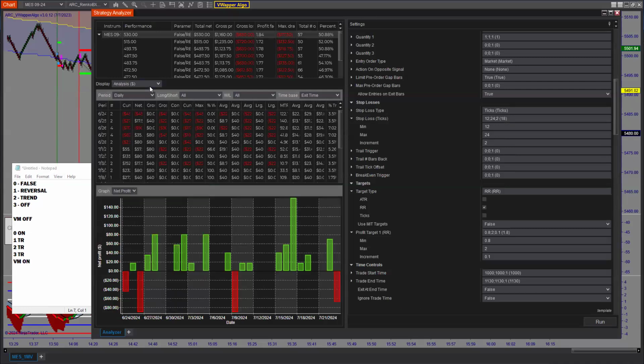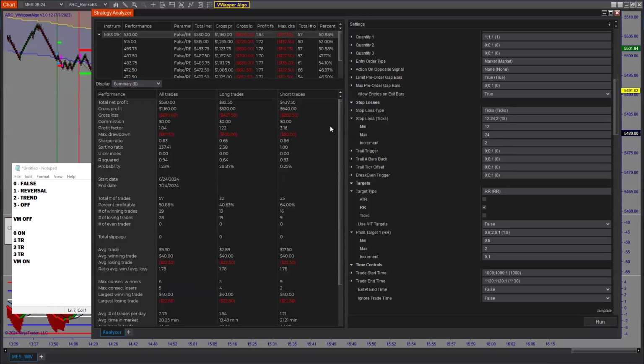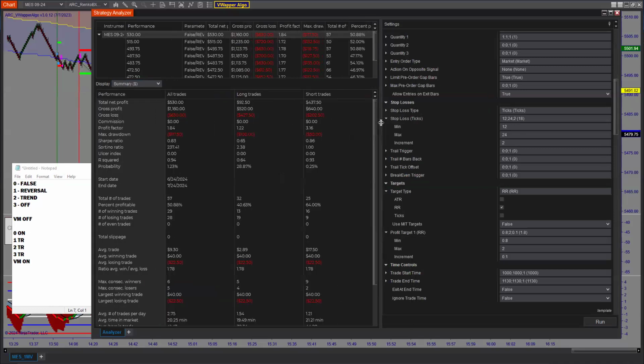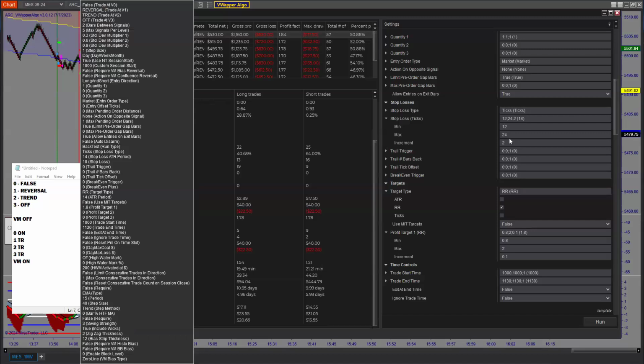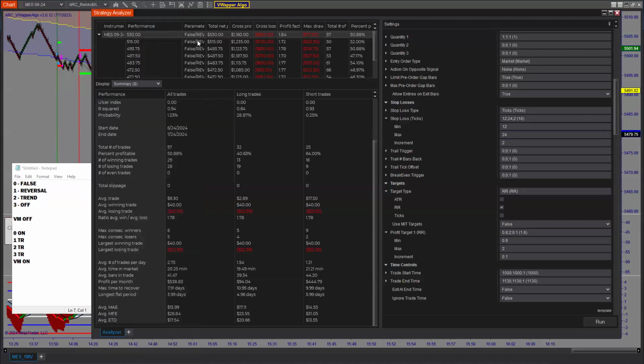So we got our numbers back. Let's go to summary. What do we get? 530, 1.84, 50% profitable, but we have a bigger risk reward average. So we came in at 18 ticks, kind of right in the middle.